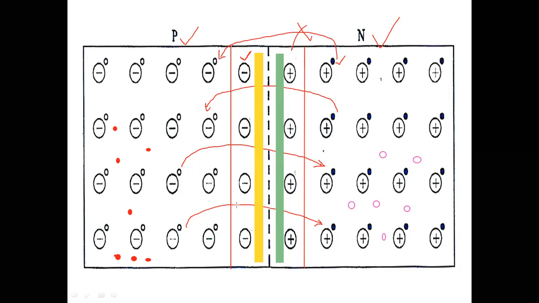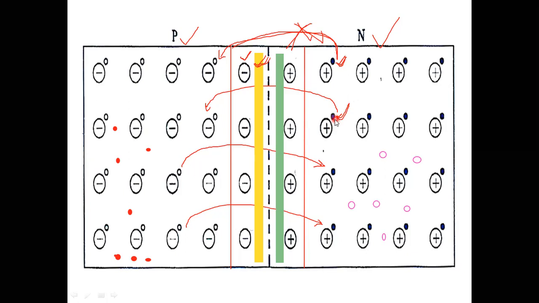Okay, this electron now wants to move. Now this electron wants to move from the n side to the p side, but this negative charge will oppose it. So the electron can't move.